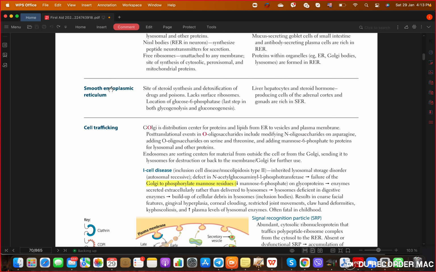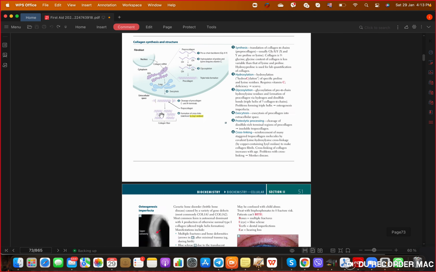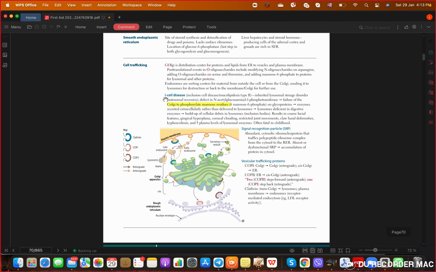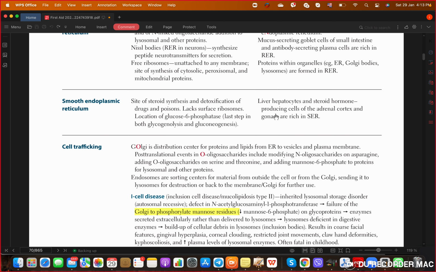And it has some enzymes in it, like glucose 6-phosphatase. If you remember, it was the last step of creating glucose from glycogen or from other substances. So it was the last step of glycogenolysis and gluconeogenesis. You don't have to know this now. We did not do metabolism yet. So it is the location of the last step in glycogenolysis, making of glucose.